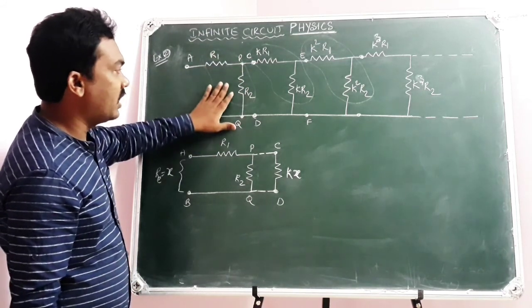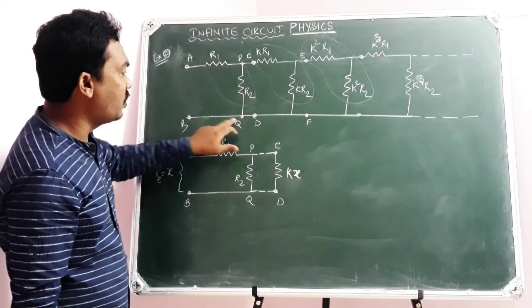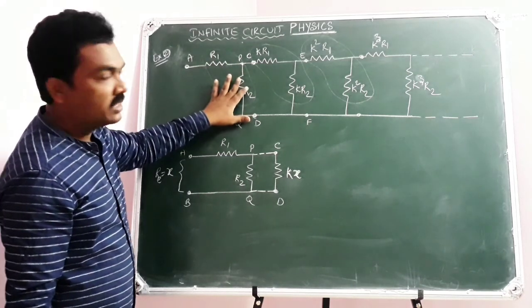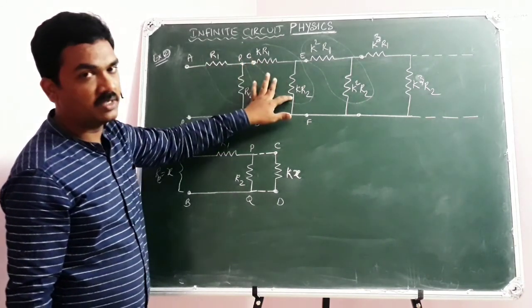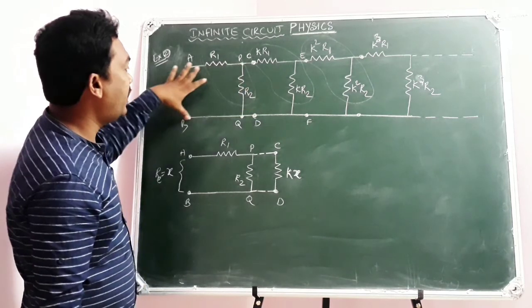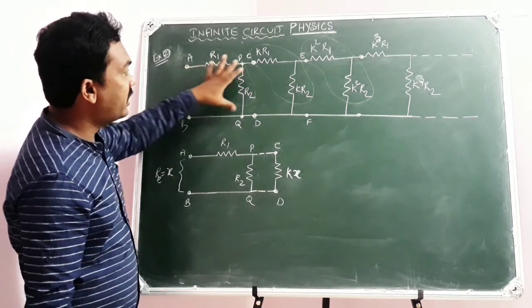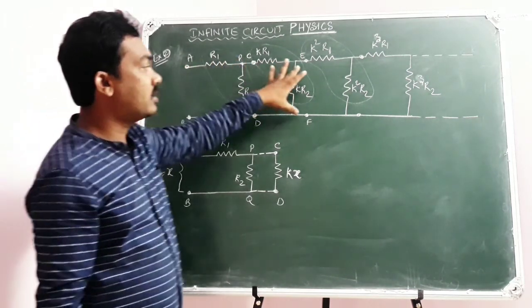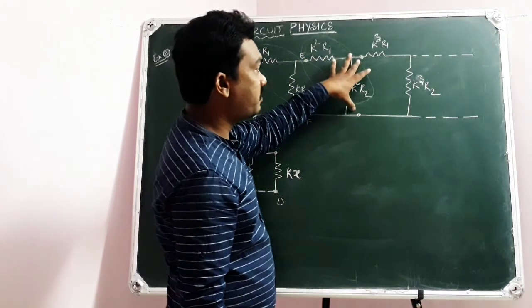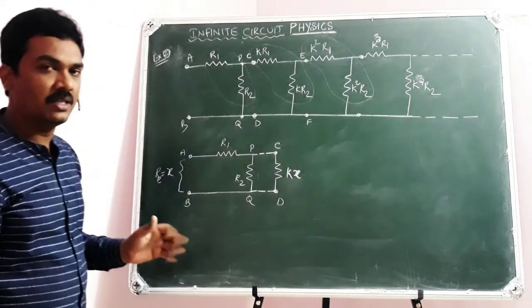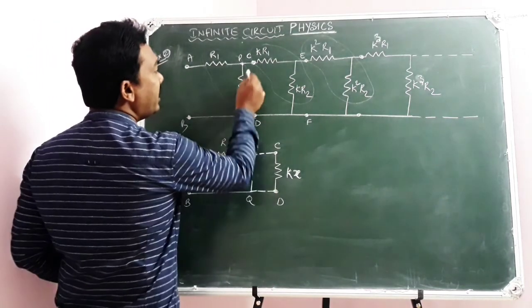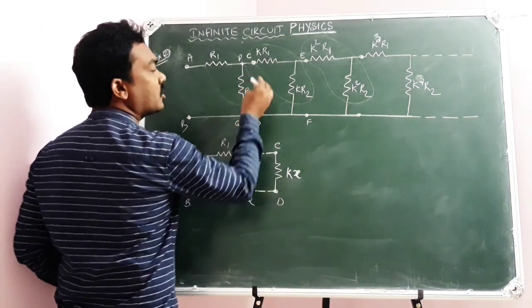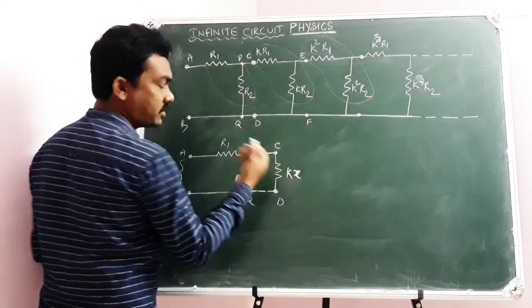ABPQ is one electric circuit. APQB is one chain. The next chain is multiplied with K times, the immediate chain. So if AB has equivalent X, then across CD Kx, across EF K square X, across this K cube X, like that. But I need equivalent across CD because all those will be replaced with Kx.